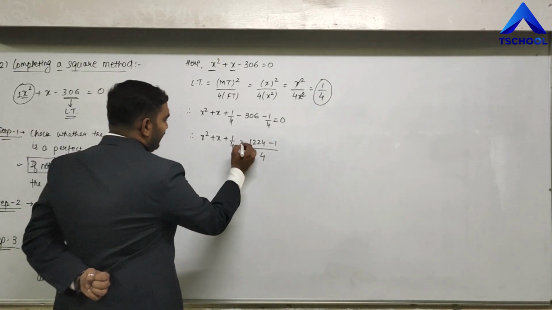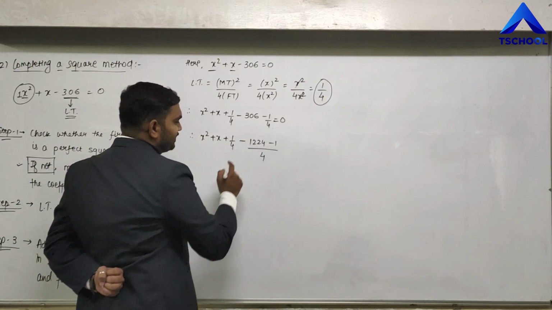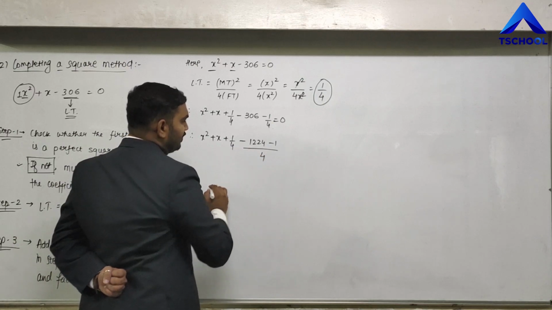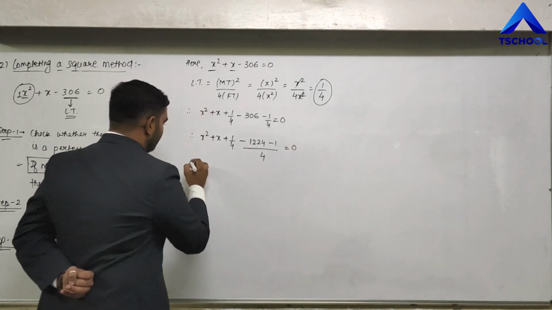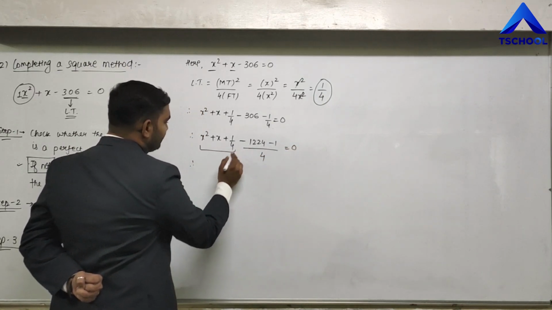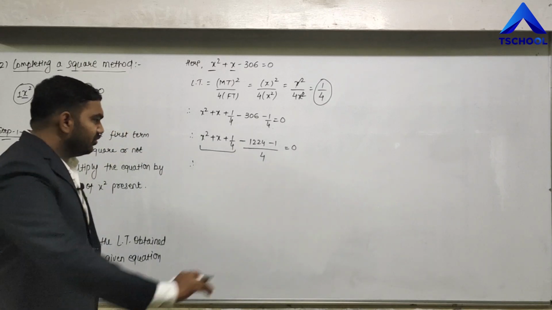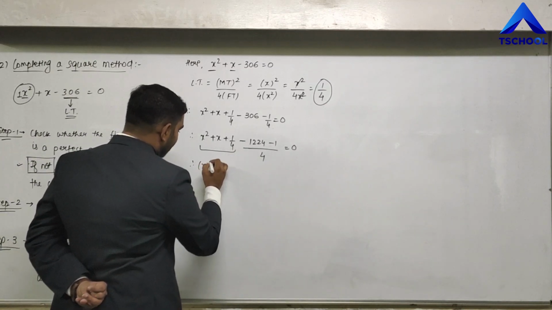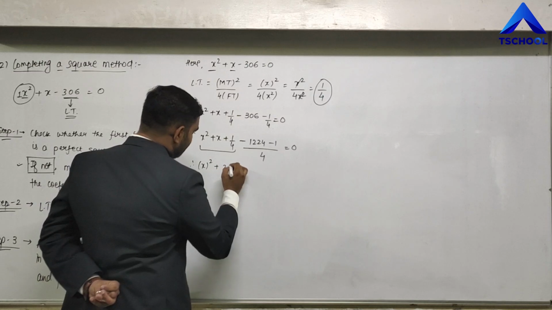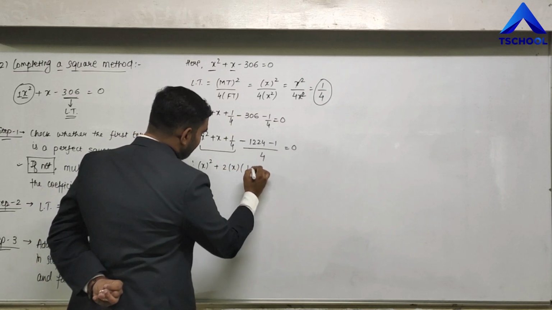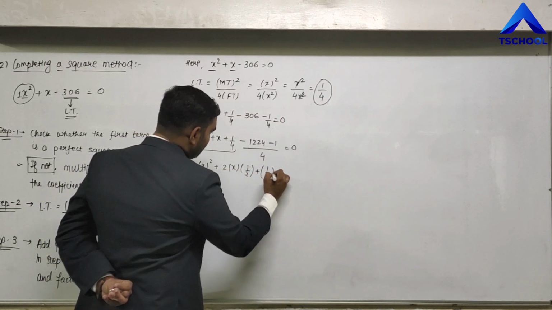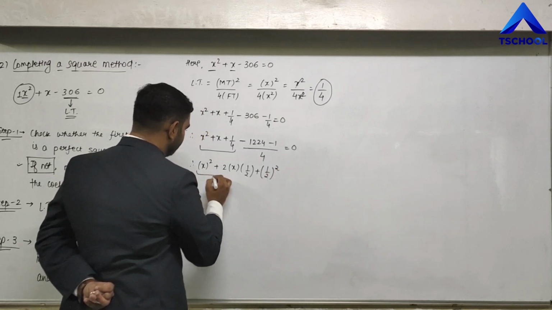So friends, this minus is associated with 1224, equals 0. Now this becomes a perfect square. You can check it out. How? Let us see. That is x square plus 2 into x into 1 by 2 plus 1 by 2 whole square.